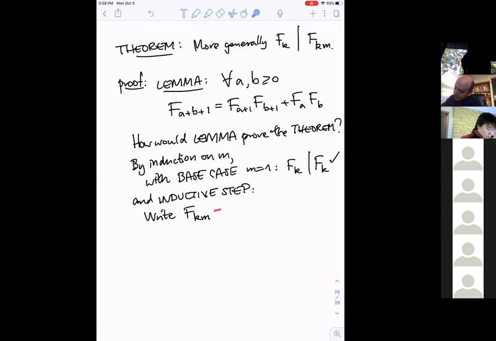Let me tell you who the a and the b are. The a is going to be k times m minus 1. I am going to write n, which is km, as a plus b plus 1, where the a is k times (m minus 1), the b is k minus 1, and the 1 is a 1.